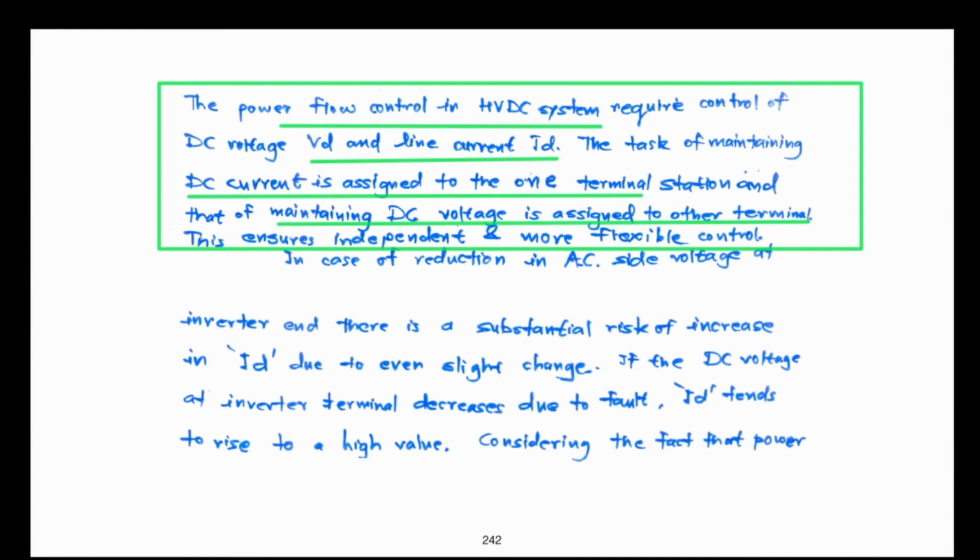HVDC stations, there are two, one is the rectifier end, the other is the inverter end. In order to control the power, we control VD and ID. Since there are two substations, one will maintain the current, generally the rectifier end, and the other will maintain or control the voltage. Together, VD and ID will provide independent control of power flow over the DC transmission line, right?